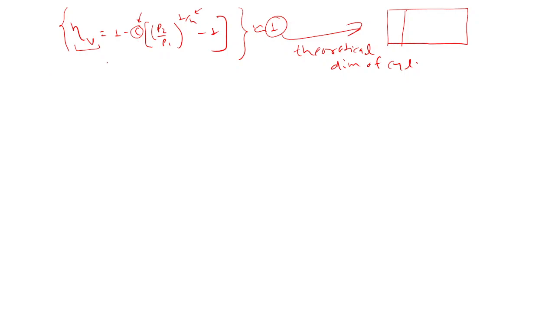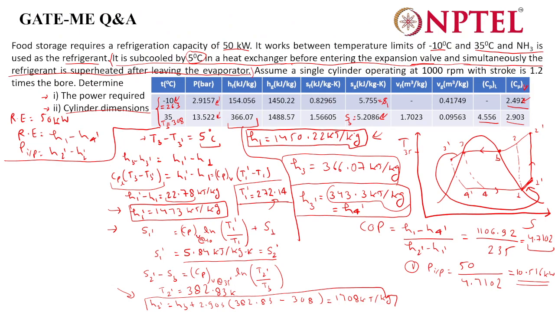So another formula of volumetric efficiency I have told. What is that? Mass flow rate into V1. V1 is what? Inlet to the compressor. Okay. Here what is the inlet to the compressor?